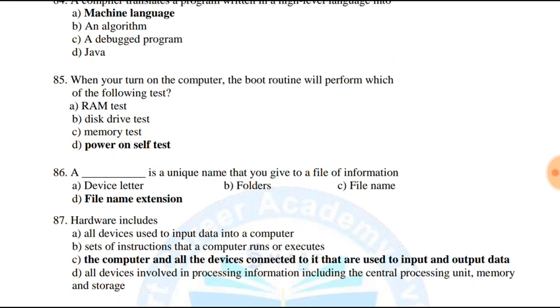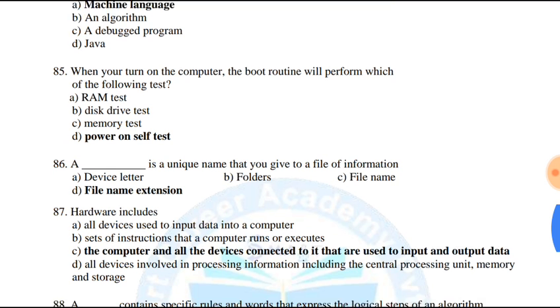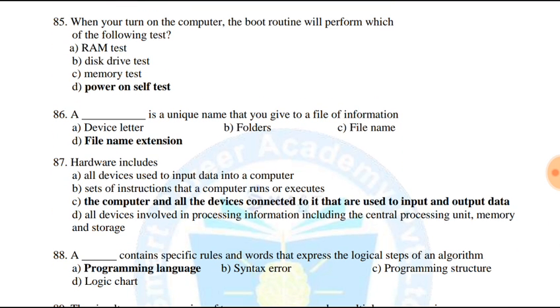File name extension is a unique name that you give to a file of information. Hardware includes dash, the computer and all the devices connected to it that are used to input and output data. The next one is a dash contains specific rules and words that express the logical steps of an algorithm. It is the programming language.